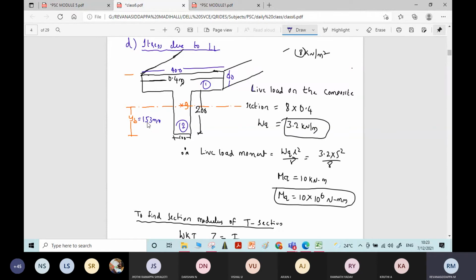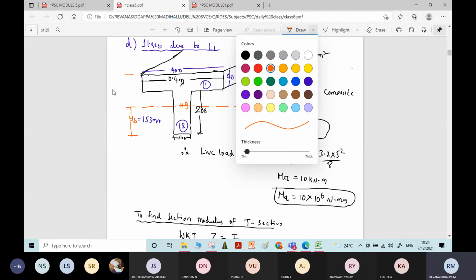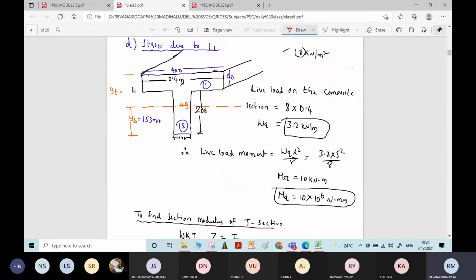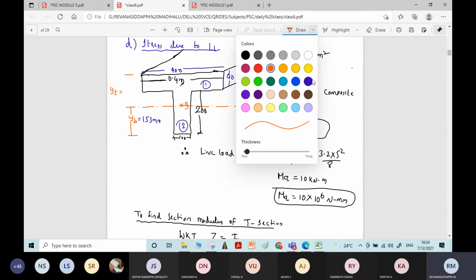And distance of centroid from top fiber, YT, will be equal to how much? Overall depth minus 153 you do. That is 200 plus 40, 240 minus 153, how much will you get? 87.